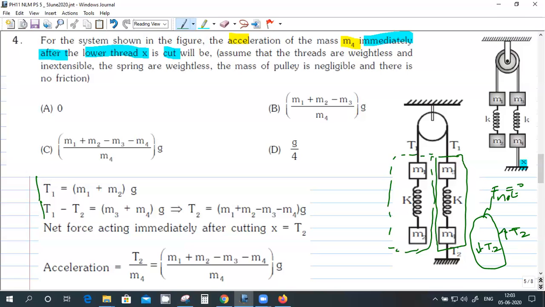Now this downward T2 force is removed, so there will be an effective upward force of value T2. That T2 acts on mass M4 and will give an acceleration of T2 by M4. And the T2 value is found like this.